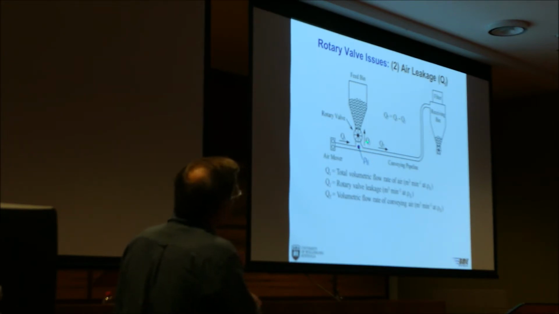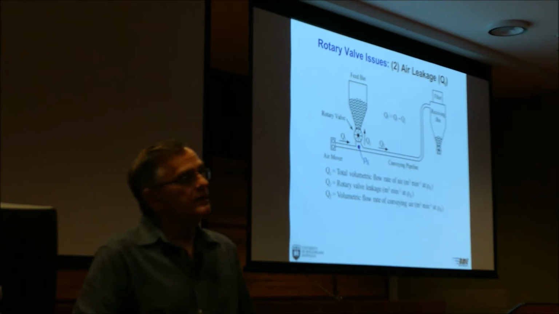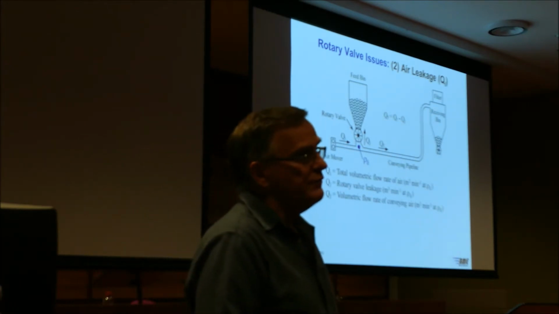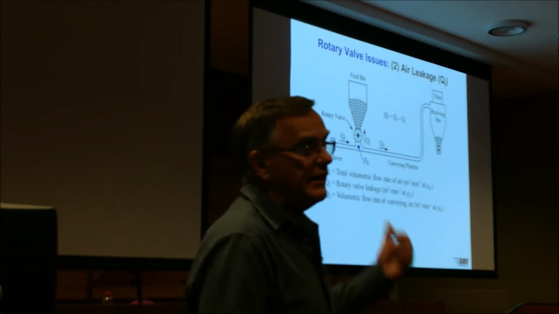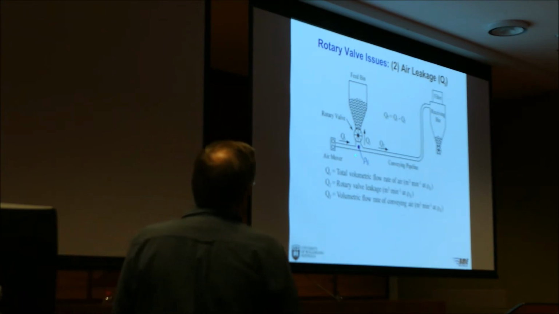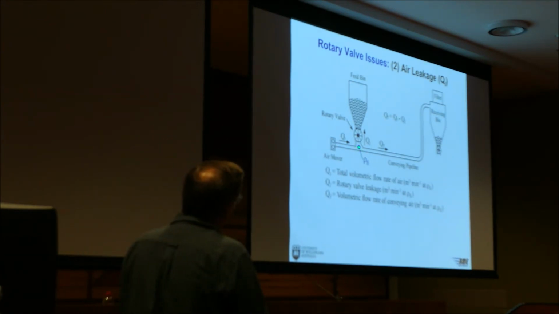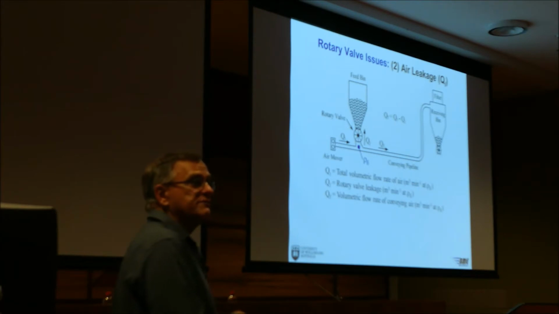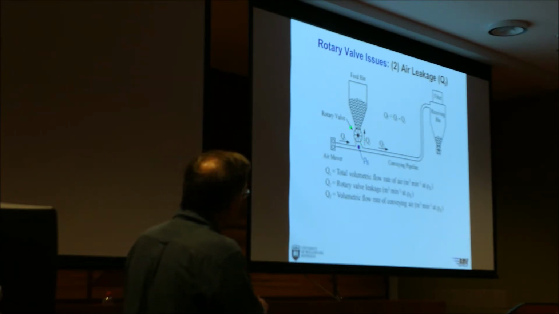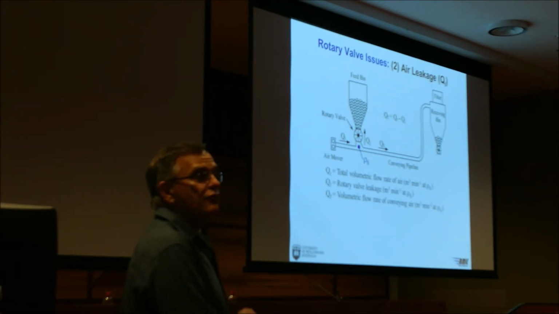That's the volumetric flow rate at this density. If you've got a certain pressure and temperature, you can work out your gas density using the ideal gas law. I'll show you that later. So QT is the air supply, at that pressure there, and that's atmospheric in there, so you've got the pressure difference across the valve. Due to clearance, you will lose air through that valve.